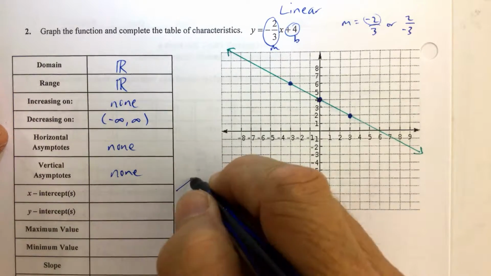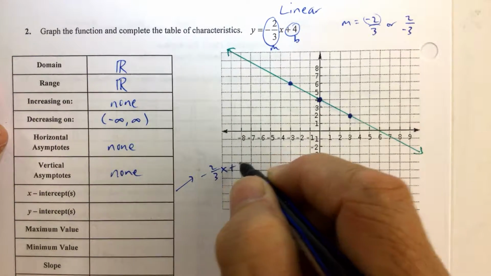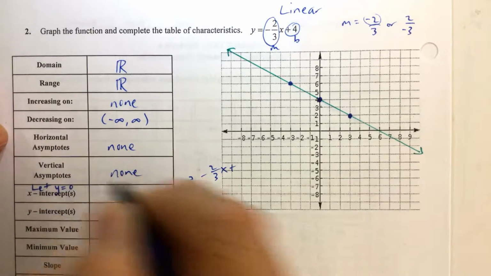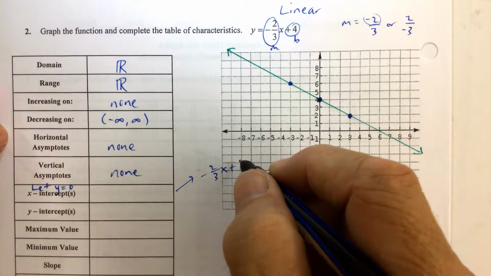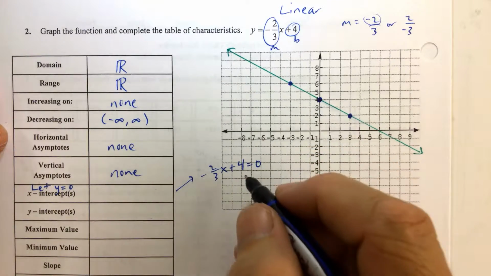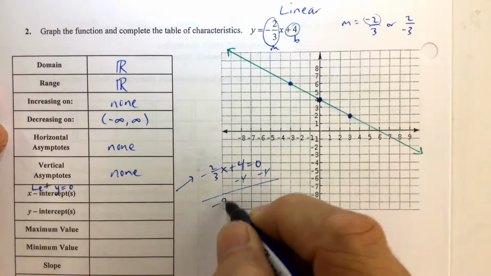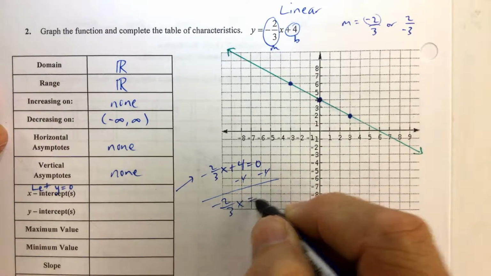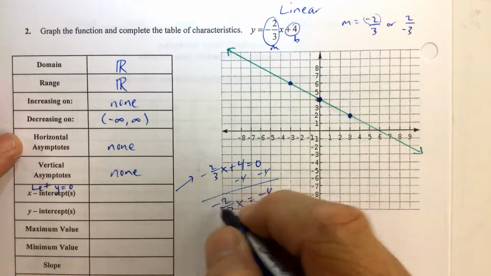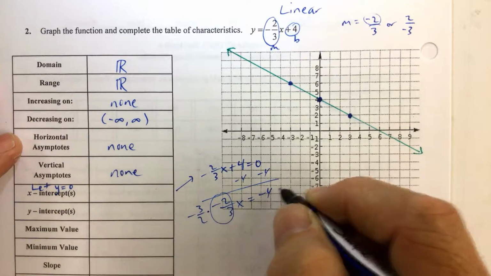The x-intercept, we always want to make sure we solve for x by setting y equal to 0. We let y equal 0, and so we get -2/3 x plus 4 equals 0. Now, if we subtract 4 from both sides, we're going to get -2/3 x equals -4. So the idea here is to multiply by the reciprocal, which is -3/2.